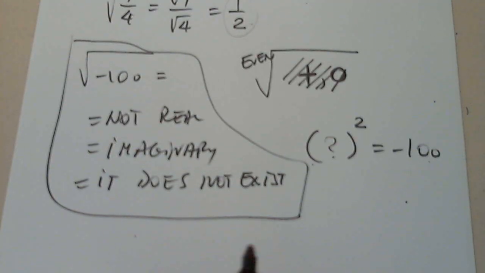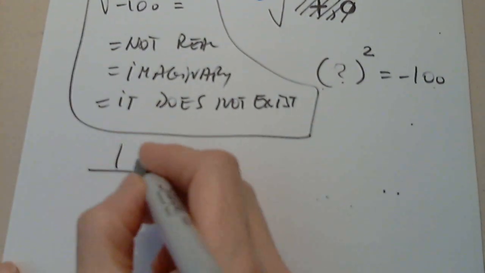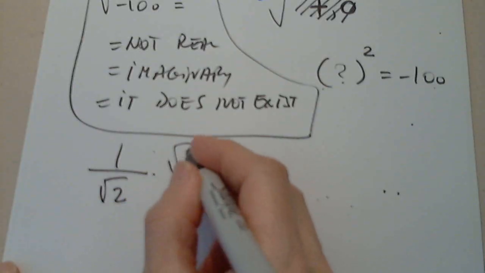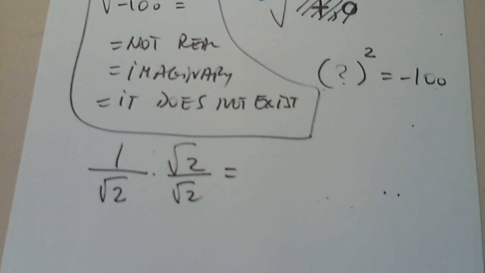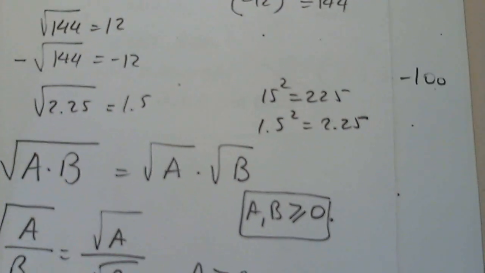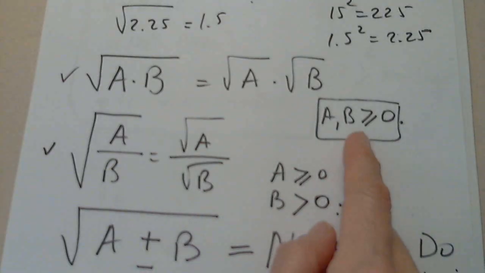But hypothetically, if it was, if you're talking about 1 over the square root of 2, you have to multiply by the square root of 2 over the square root of 2 to rationalize the denominator. But if it's negative, like the negative 100, it's not real. We cannot apply the rules. Yes, we cannot, if that negative was inside the radicand.